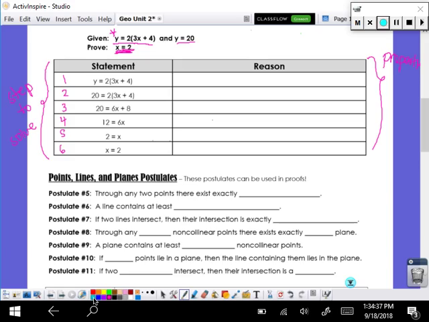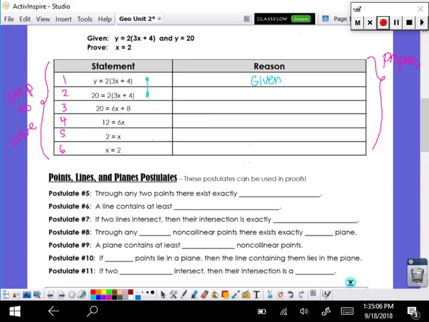In this proof, you just start out with your first statement, and you must ask where that came from. All the time, this first statement is just given. The reason is given because it's given to us, so given. Next, we want to see how we go from statement 1 to statement 2.